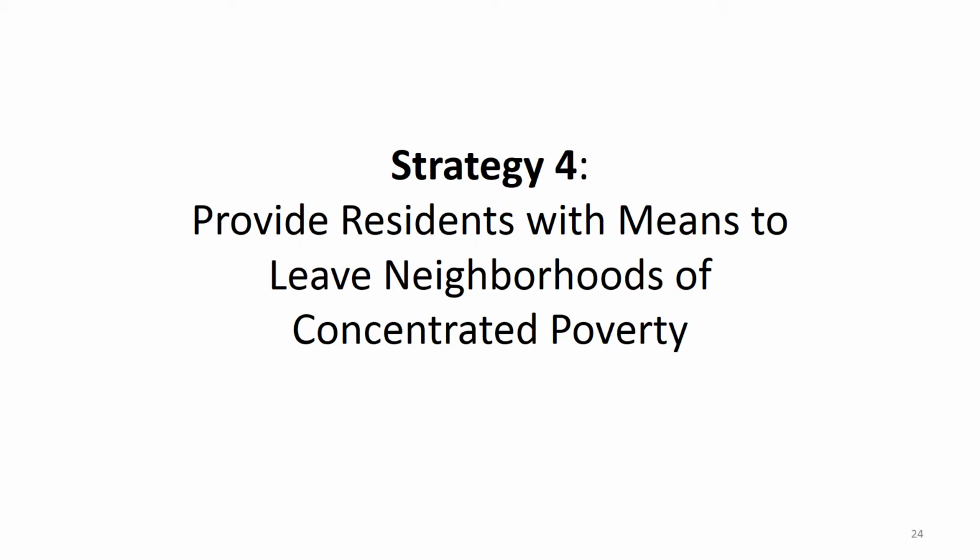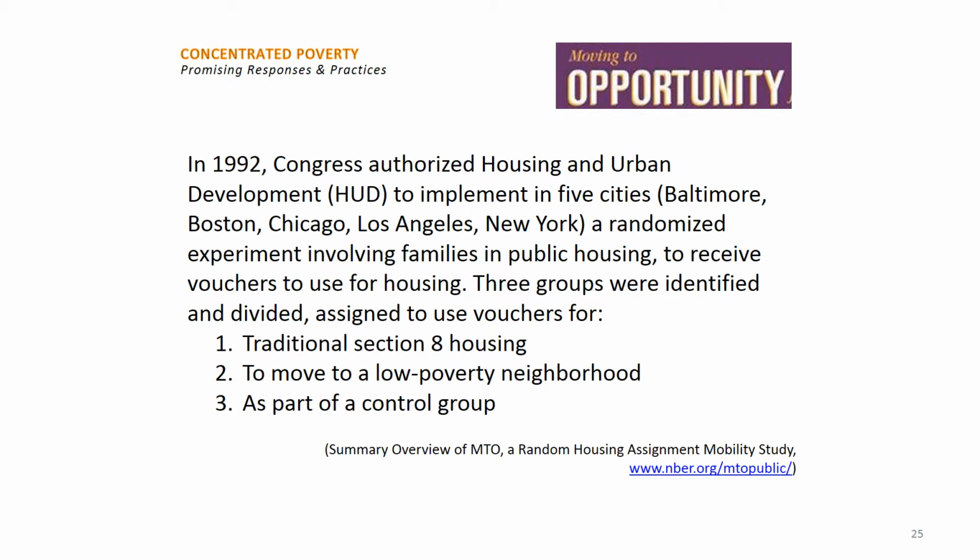Continuing with solutions, we look at strategy 4, and that would be to provide residents with the means to leave neighborhoods of concentrated poverty. A response to this specific strategy is seen in the Moving to Opportunity program.